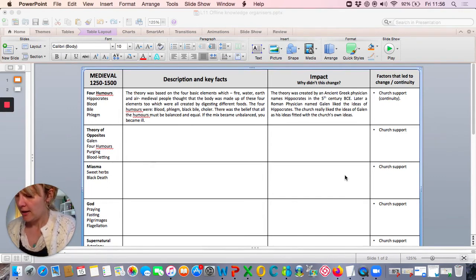So a lot of what this next column is going to say is really about the role of the church, because as you know, it was quite dominant here.